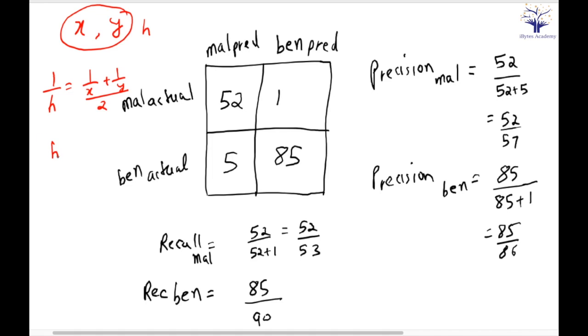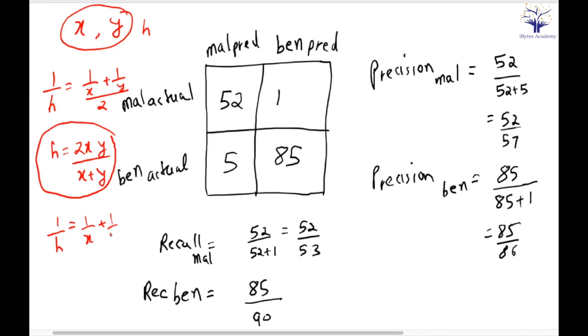So h comes out to be 2xy upon x plus y. So the harmonic mean of x and y is 2 into xy upon x plus y, right? Similarly, if we have to calculate the harmonic mean for three numbers, you will have to use 1 by h is equal to (1 by x plus 1 by y plus 1 by z) by 3, right? So it's basically the mean of reciprocals. So 1 by h is basically the mean of reciprocals. In this manner, we calculate harmonic mean.